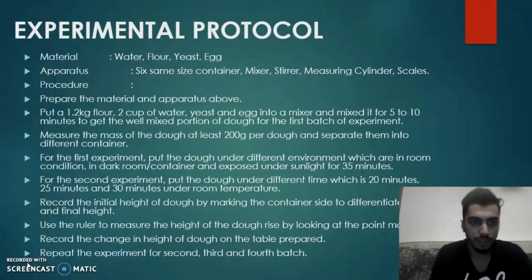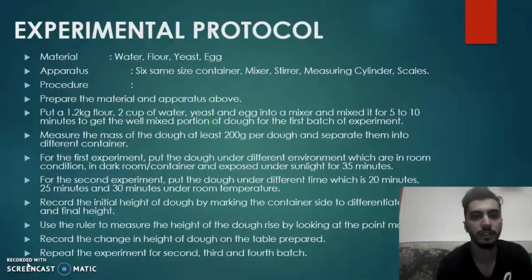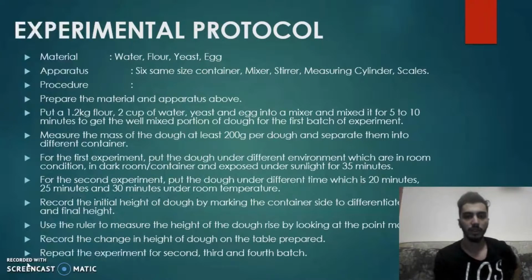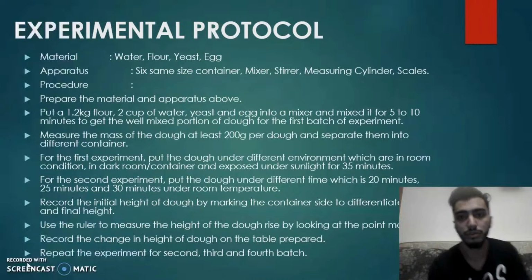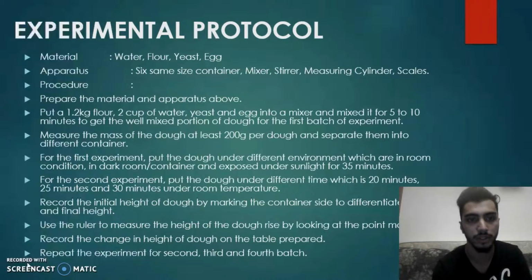Our procedure, the first one, is to prepare the materials. Put 1.2 kilogram flour, 2 cups of water, and yeast and egg into the mixture and mix it for 5 to 10 minutes to get the well mixed portion of dough for the first batch of the experiment.